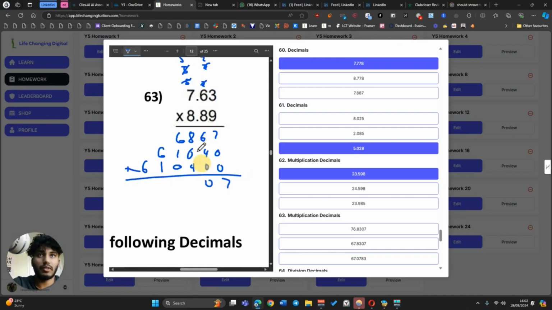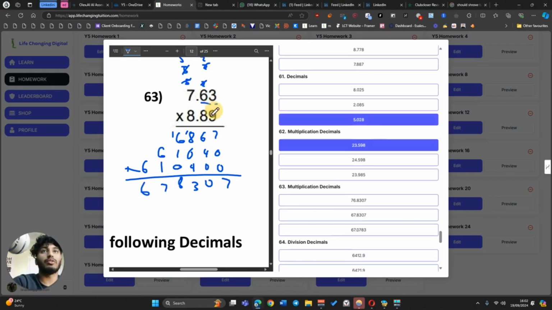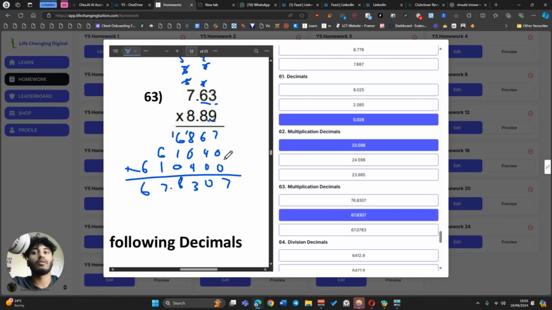We got 7, 10, and now we've got 5 plus 8, which is 13. Got 7 plus 1, which is 8, and you got 7 here, and 6. And now again we've got 1, 2, 3, 4 numbers behind the decimal point, so we got 1, 2, 3, 4. So put a decimal point there, you can rub this out, and that is our answer. And you can see, here is our answer.